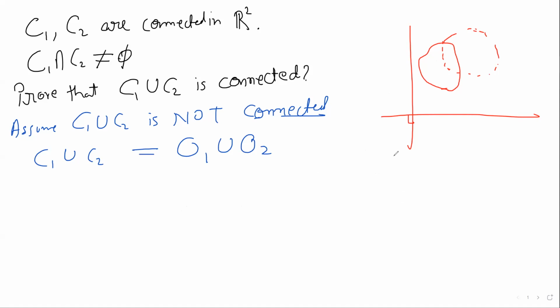So remember here, while you think, O1 and O2 are open in C1 union C2, which is the universe, the mother space. They may not be open in R2 or whatever. So think about this. Let's discuss.